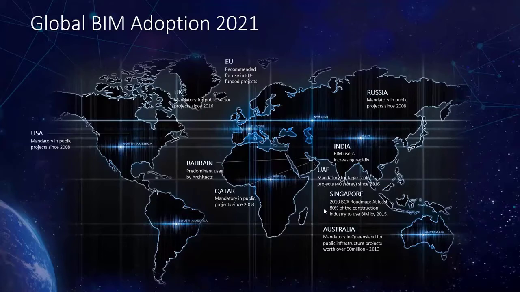In Singapore, in 2010, there was a roadmap for at least 80% of the construction industry to use BIM by 2015. Hopefully they got up to 80% of them. And Australia, mandatory in Queensland for public infrastructure projects over 50 million since 2019.